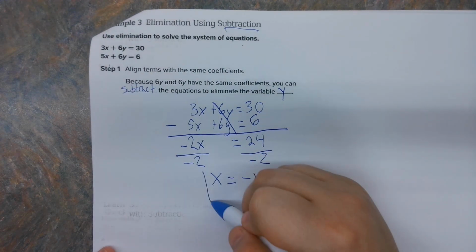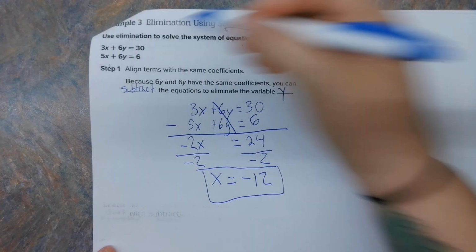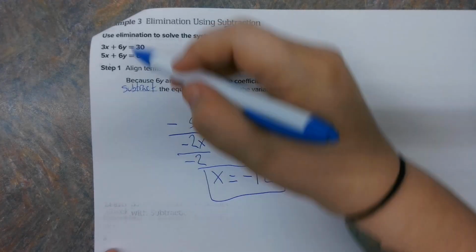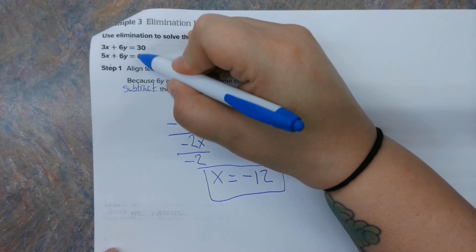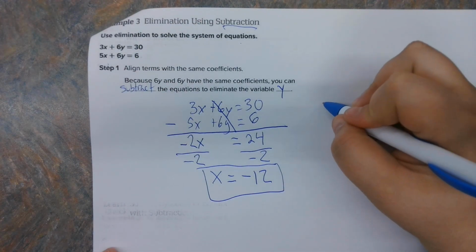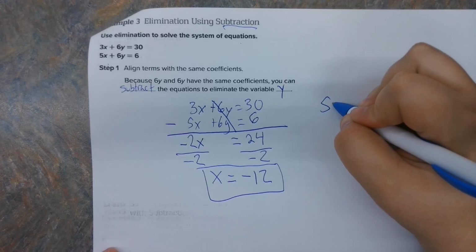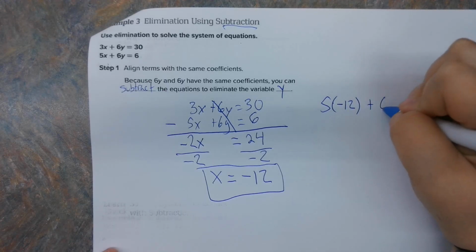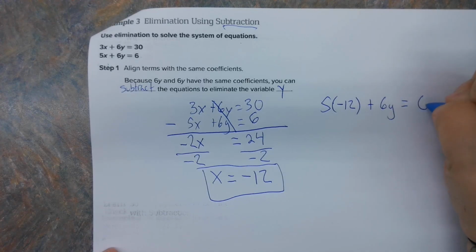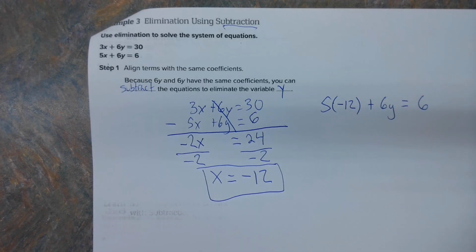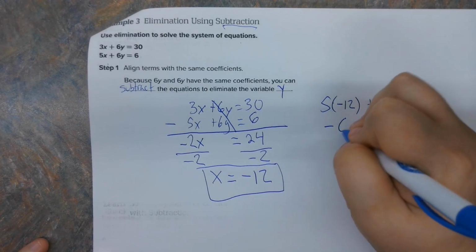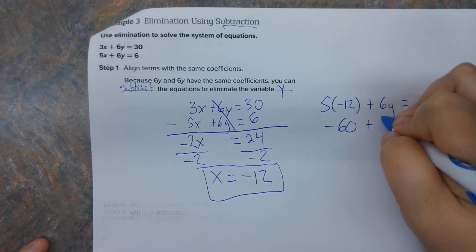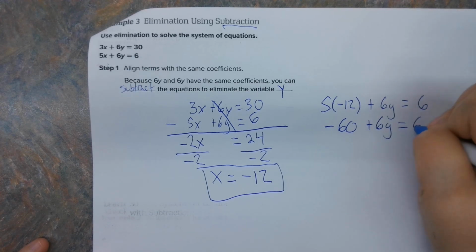Okay, now we're going to plug this in. Doesn't matter, pick one. I'm going to use the second one this time because I see it has a smaller number over here. Doesn't matter which one you use. 5, x is negative 12, plus 6y equals 6. 5 times negative 12 is negative 60, plus 6y equals 6.